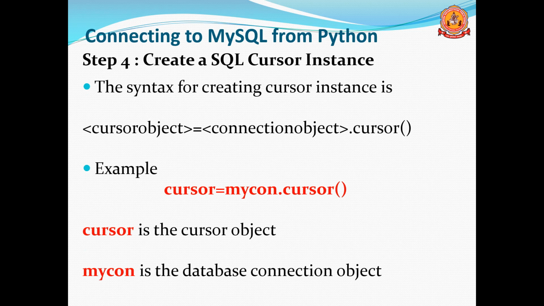For example, cursor equals mycon.cursor. Cursor here is the object name, mycon is the connection object, and dot cursor is the function. So cursor is the cursor object, mycon is the database connection object. By using this we can create a cursor instance.